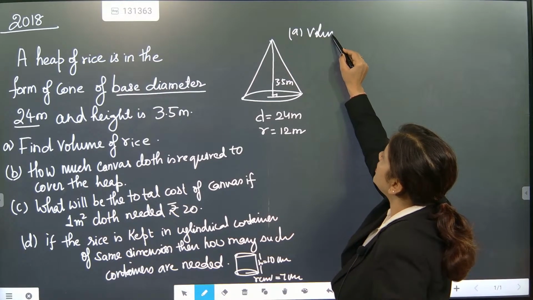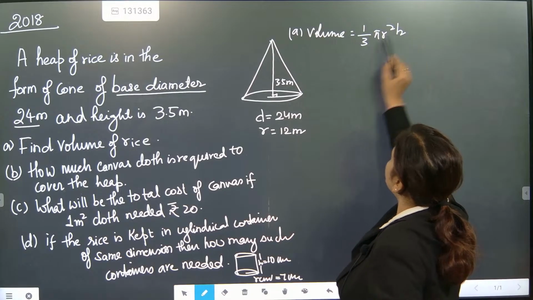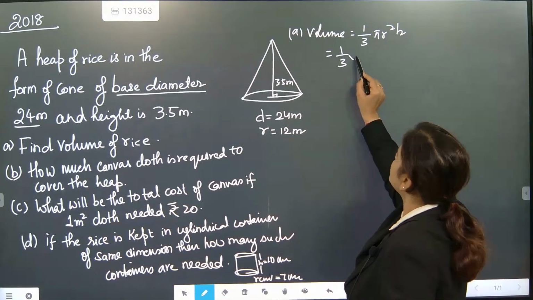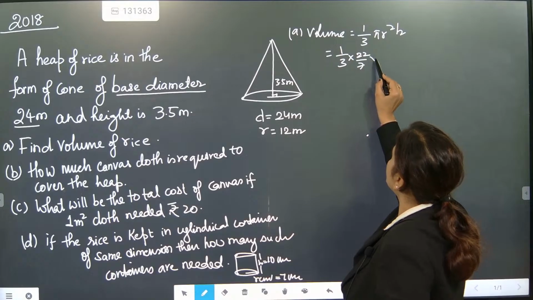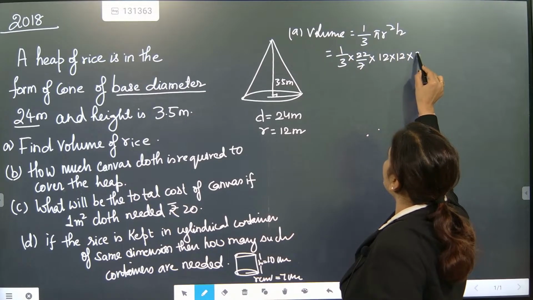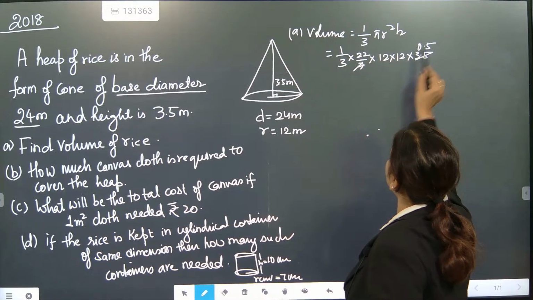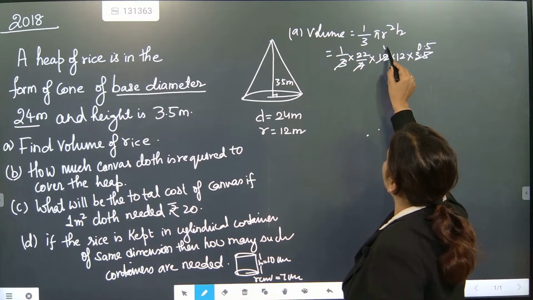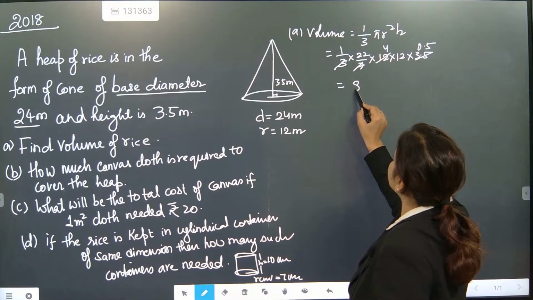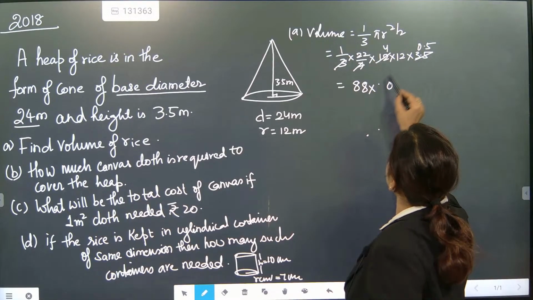So volume is equal to 1 by 3 pi r square h. So it is 1 by 3 into 22 by 7 into 12 into 12 into height 3.5. So this one will become 0.5 and this one will become 4. So it is coming as 88 into 5, 2 fives are 10, 5 ones are 5, 6.